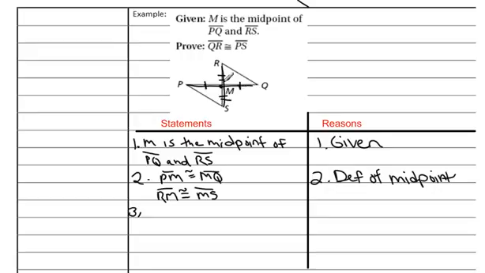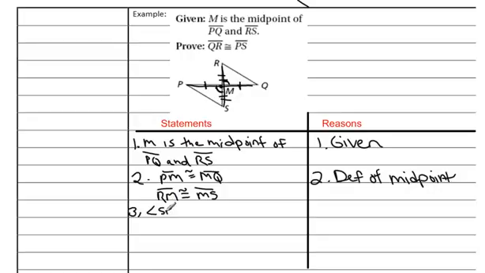Now I look at my picture and I notice that I can mark my vertical angles congruent. And I have to name these angles using 3 points because if I just say angle M congruent to angle M, I don't know which M we're talking about. So because the 2 angles share a vertex, I have to name them with 3 points.